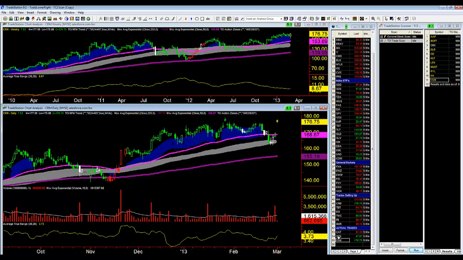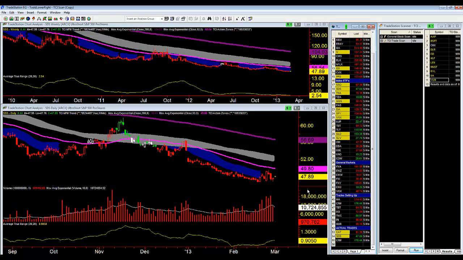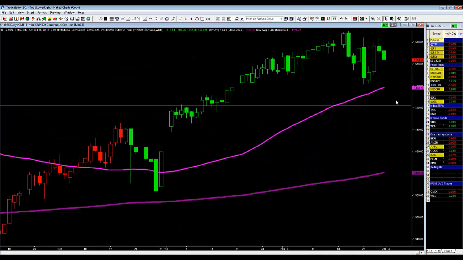Remember the second trade we put on? The SDS. Remember SDS, which is the ultra short S&P 500. Put that on yesterday. Bought that at 47.19, and then as the market rallied yesterday, okay, let's look at the E-minis real quick here. These are the E-mini S&P 500.